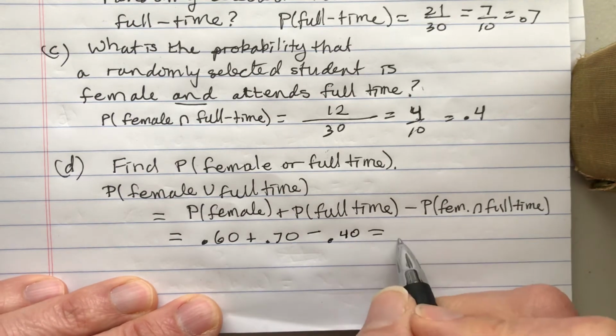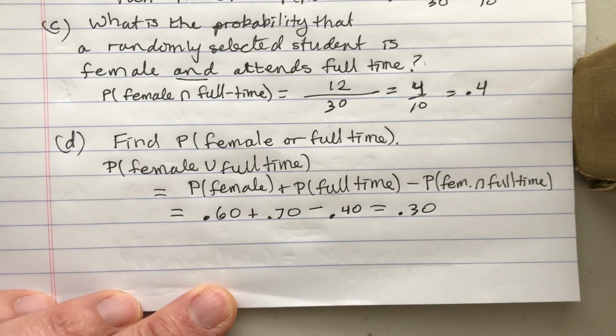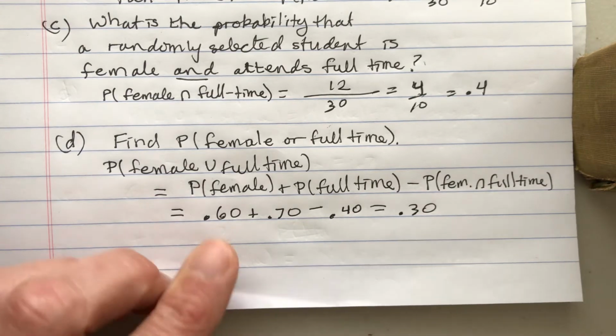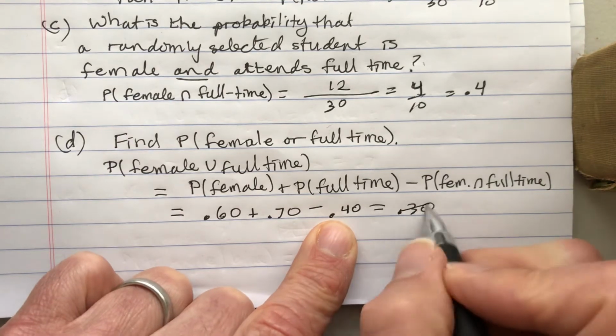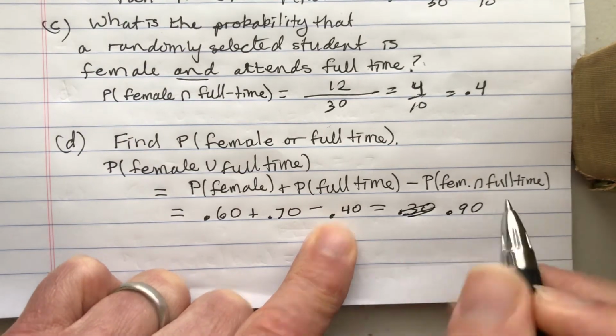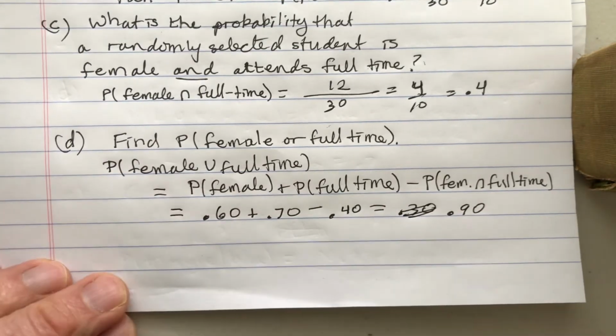So that should be 0.30. 70 minus 40 is 30. Oh no, that's not right. That's 0.90. 6 plus 7 is 13, minus 4 is 9. Okay, so 0.90.